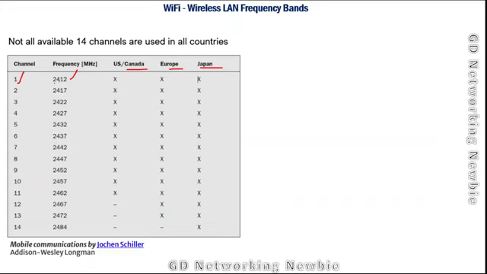So channel number 1 is used in all these regions. But if we focus on channel number 14, you can see this channel is not used in US as well as in Canada. This is also not used in Europe, but this is used in Japan. So it means we have all 14 channels, but they are not used in all of the regions. Some of them are used and some of them are not allowed to be used in that specific region.